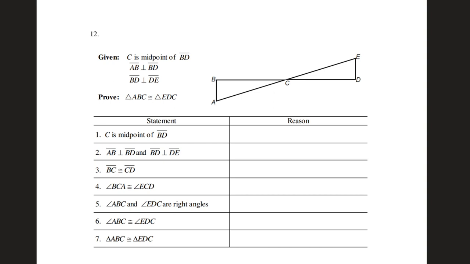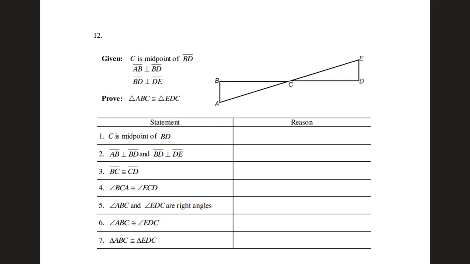Given C is the midpoint. We also know that segment AB is perpendicular to BD, so that makes a 90-degree angle. And we know that BD is perpendicular to DE, that makes a 90-degree angle.